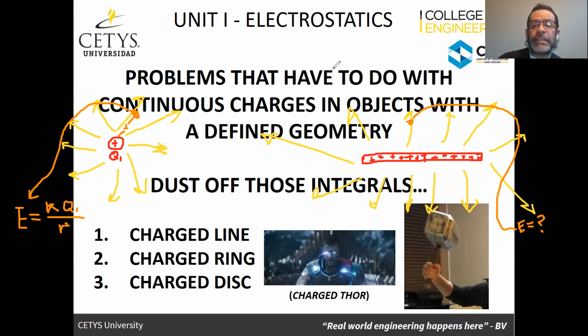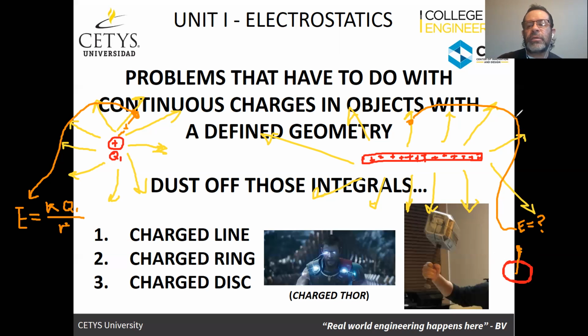Now imagine that instead of having a line, I have a ring. I'm drawing it red again because the ring is charged. And I want to know what the electrical field is at a certain point that is at a certain distance from the ring.